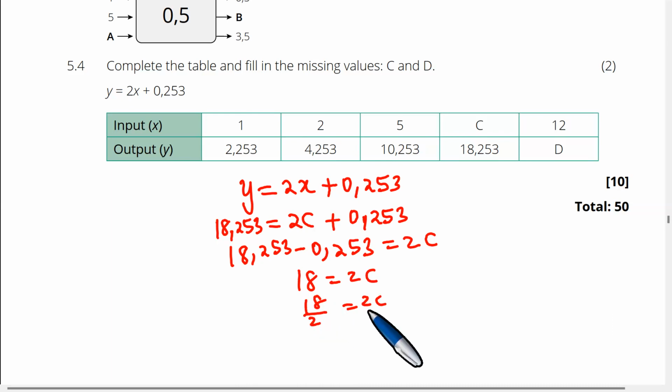You divide the left by 2 and the right by 2, which means C is equal to 9. C equals 9. Right, you get that. Next.